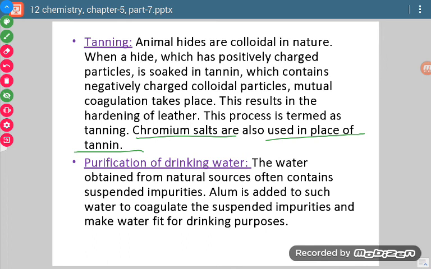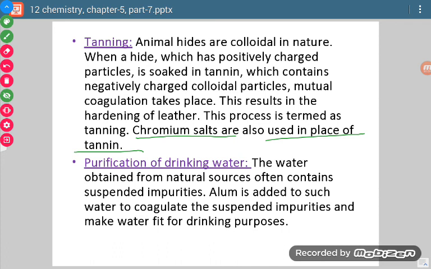Now see, sometimes when we get water which, even if we filter it, appears not so bright, but appears dull. That dullness is because of very minute particles of dust which are distributed evenly, and they are forming a colloidal solution. Now what is to be done?